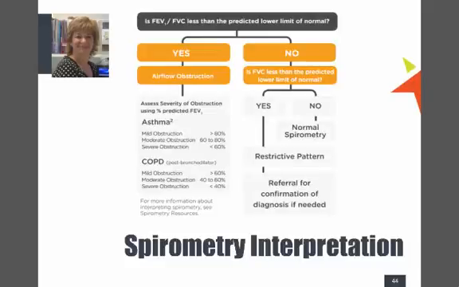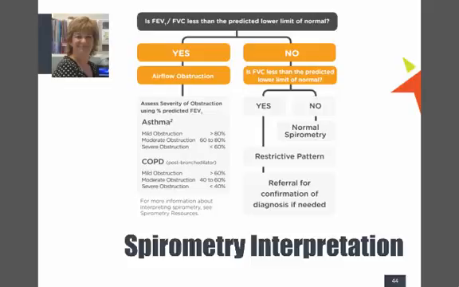Now this is the flow chart. This is the one I've started to use. I had a different one before, but this one really makes sense to me now. So number one, when we're looking at a printout, and we're going to look at some printouts in a minute, is the FEV1/FVC ratio lower than predicted normal, or about 70%?